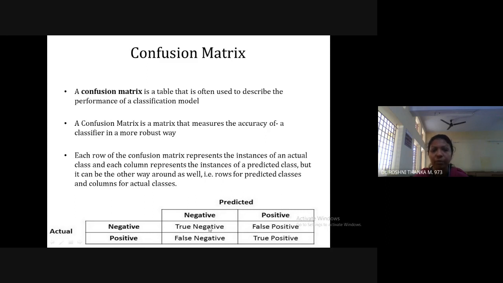I have considered the rows as the actual value and the columns as the predicted value, and the values in this confusion matrix are true negative, true positive, false positive, and false negative. Let's see one by one all about it.